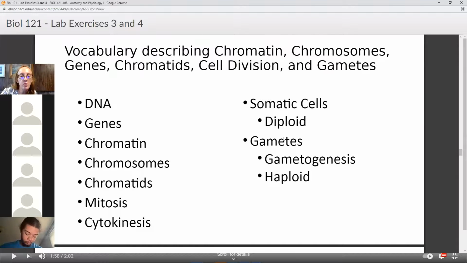Gametes only have 1 chromosome for each of my 23 pairs. So when I say that somatic cells contain 2, they're diploid, di meaning 2. Gametes are haploid, meaning they only contain 1 of each. Somatic cells contain 2 of each.